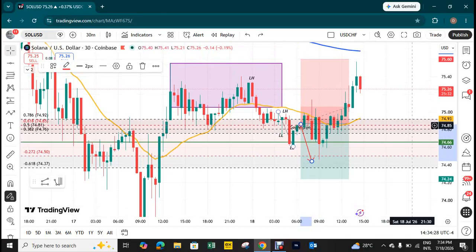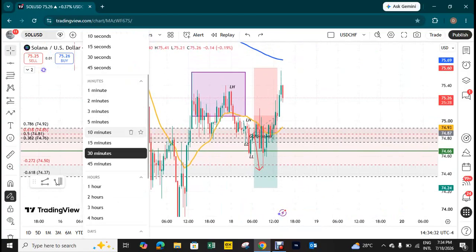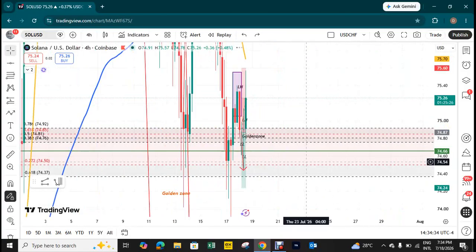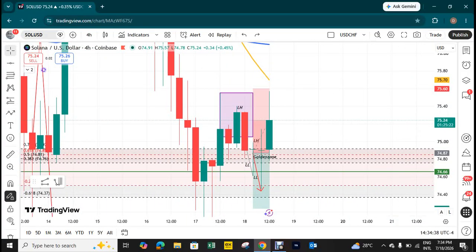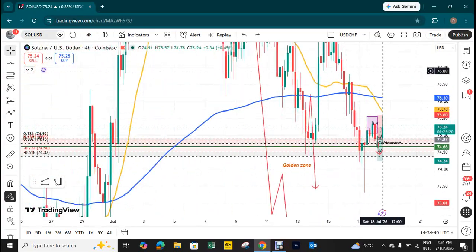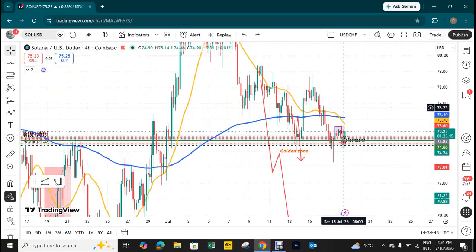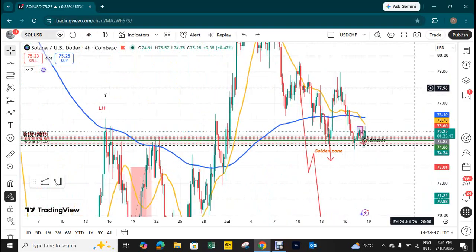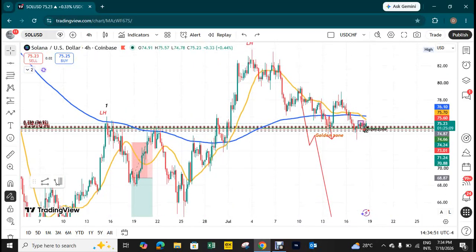Alright guys, so Solana USD. Let's go on the 4 hours time frame to see what price wants to do. Nothing much is happening.